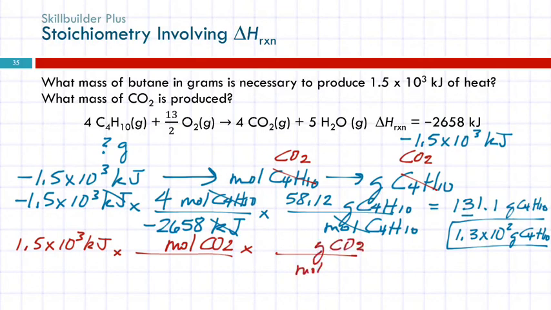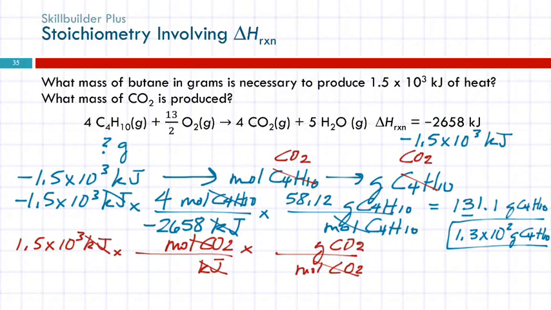So moles of CO2 down here, and kilojoules down there. Always check that your units are canceling out. So this moles of CO2 in kilojoules. Here in the red, I'm ignoring the negative signs until the end.